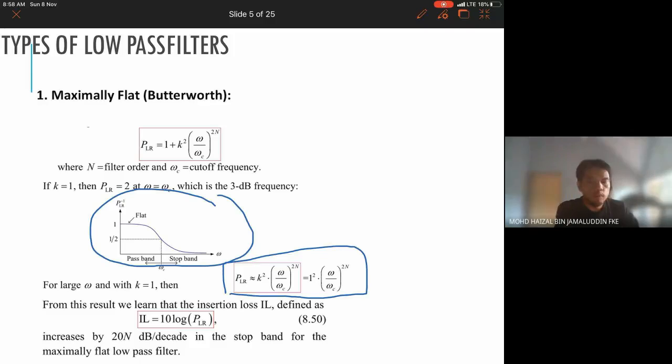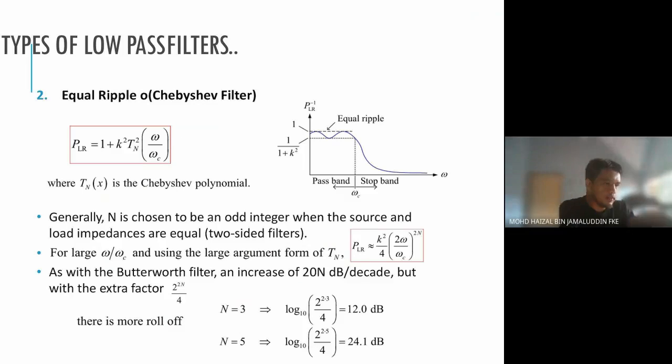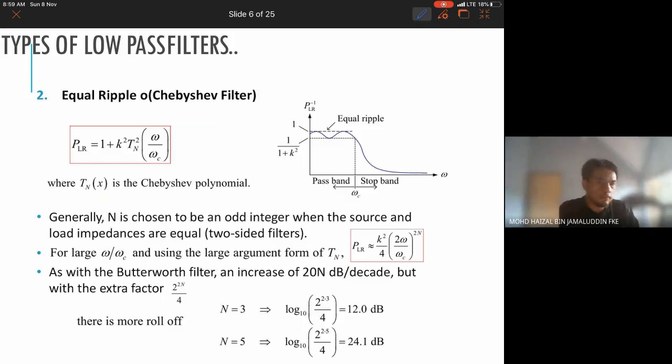Next, we move to the equal ripple, or it is called the Chebyshev filter. Chebyshev type of filter using this polynomial Tn. Okay, polynomial of Tn.